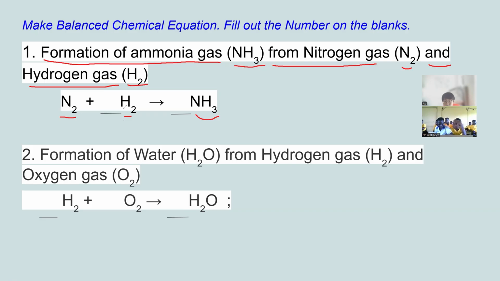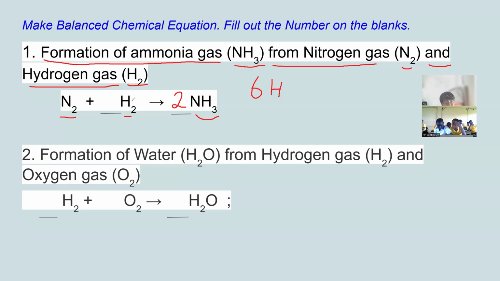So what can we do to balance this? Well, we add 2 on the right because we need 2 nitrogens on the right as well. Since there are 2 nitrogens on the left, we need 2 nitrogens on the right. And this actually makes 6 hydrogen on the right because there are 2 H3. 2 times 3 equals 6.